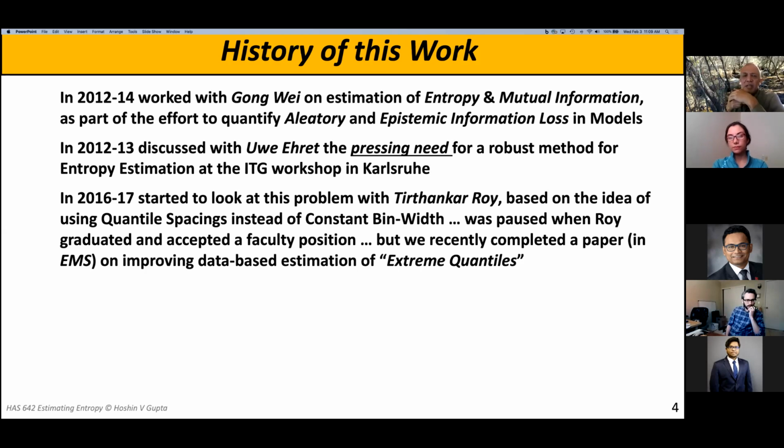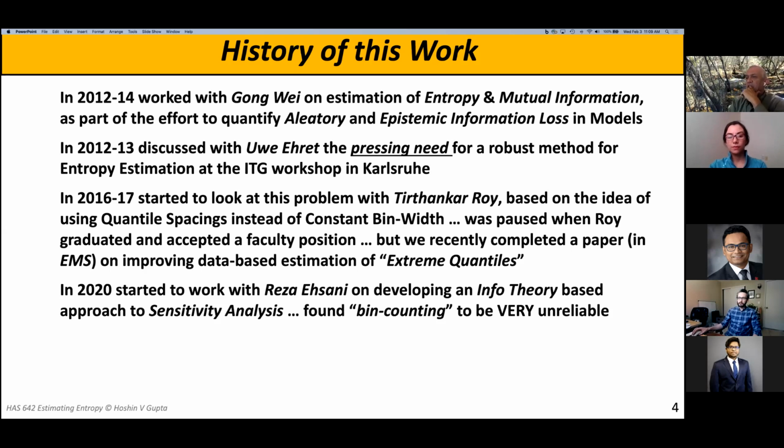That paper has been published in EMS, and it involves making a correction to the quantile positions, the quantiles estimated from your data, to account for the sample size. So if you've got small samples, you have to inflate those confidence intervals to not underestimate the confidence intervals.